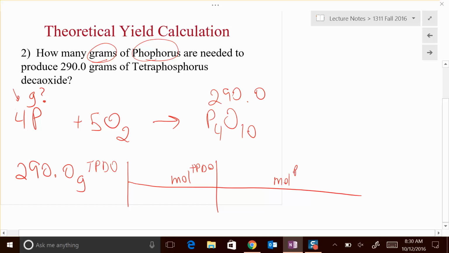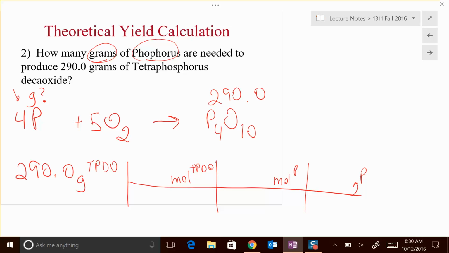Okay? That's the stoichiometry. This is not stoichiometry. That's just a simple conversion so that I can do the stoichiometry. Okay? Then to answer the question, I have to convert it back to grams of phosphorus. Okay? So, this is where I'm at.